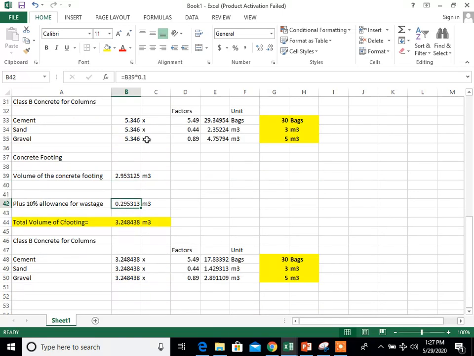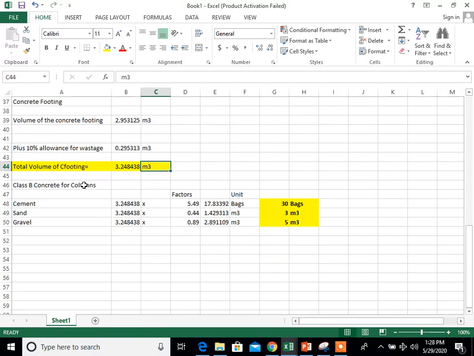Then plus 10% allowance: 2.95 times 0.1 is 0.295. Then the total volume of concrete footing is 3.2483, the sum of the volume of the concrete footing plus the 10% allowance for wastage.